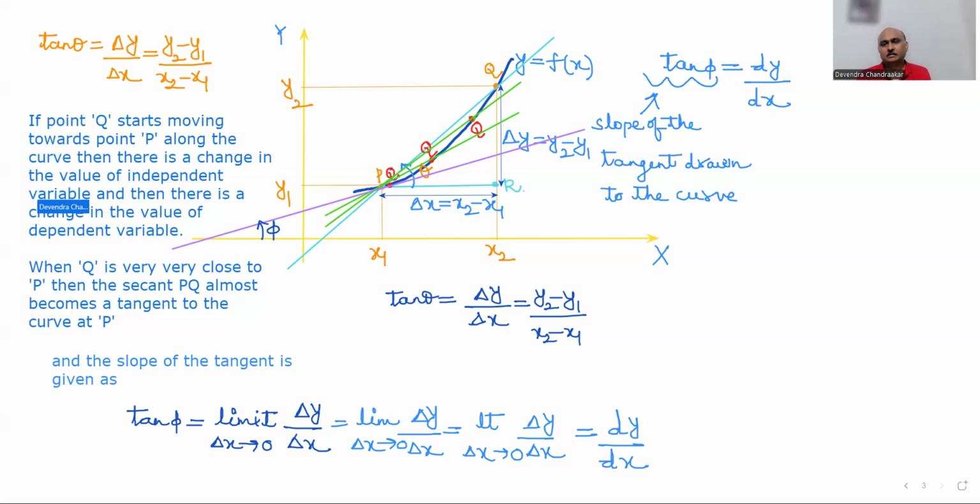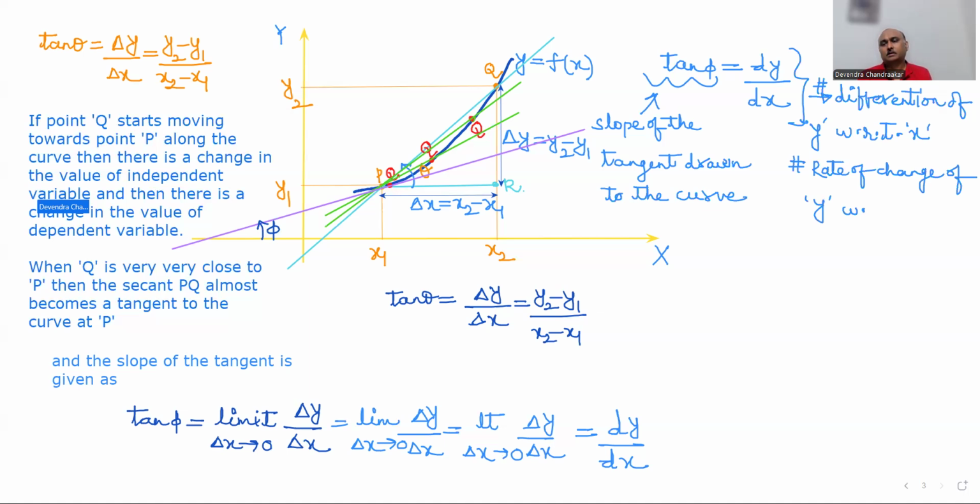This is called differentiation of y with respect to x, or you can call it the rate of change of y with respect to the rate of change of x, right?